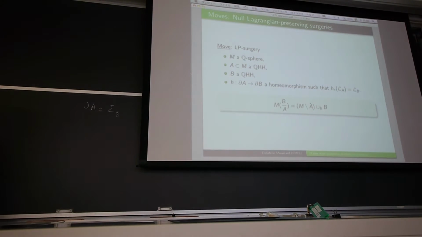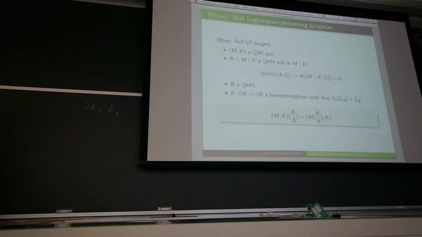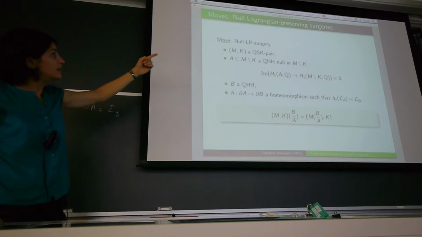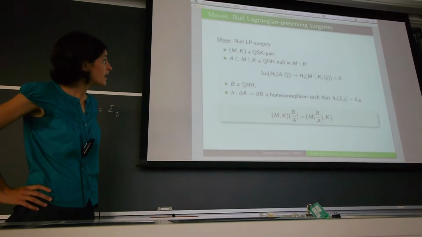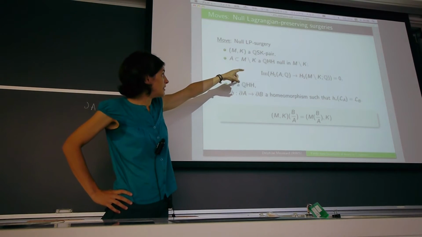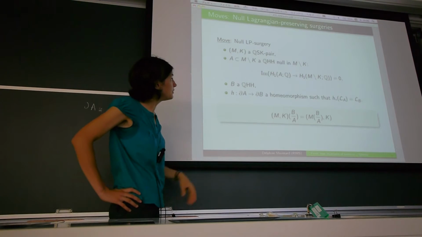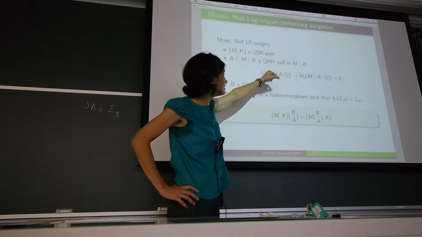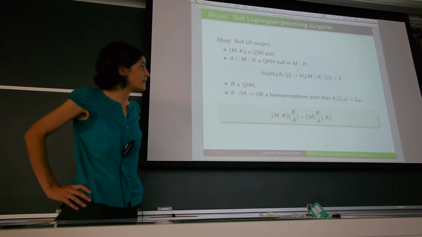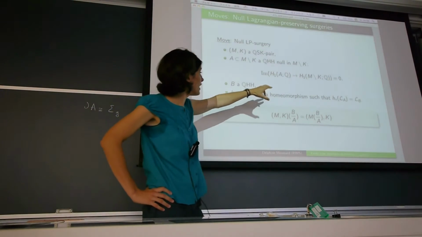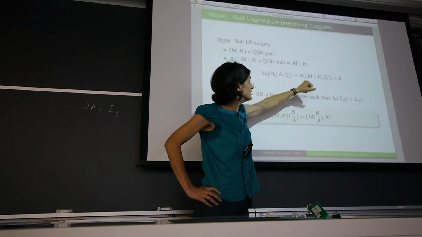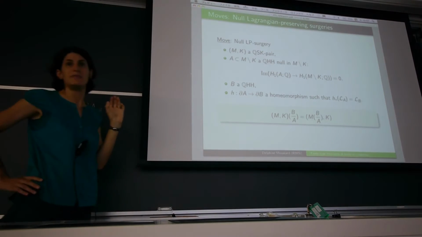So this defines the move on rational homology spheres, and now we have to take into account our knot. When we take a QSK pair (M, K), we will use a QHH embedded in the complement of the knot K, and we put this additional condition: A is null in M minus K, meaning that when we consider the map induced in homology by the inclusion of A in the complement of K, this map has a trivial image.